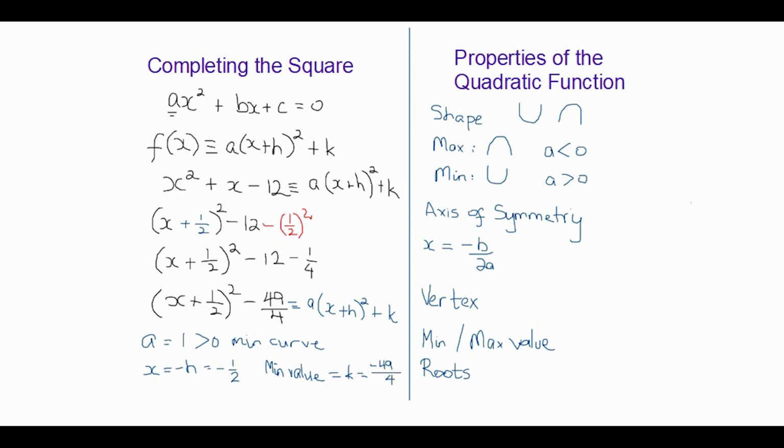So we have the nature of the curve, we have the axis of symmetry, we also have the minimum value of our function. Using the axis of symmetry and the minimum value of the function, pairing them up, we can state the vertex for our curve.